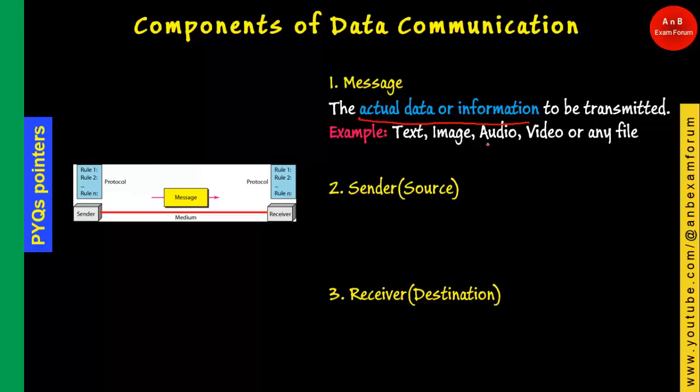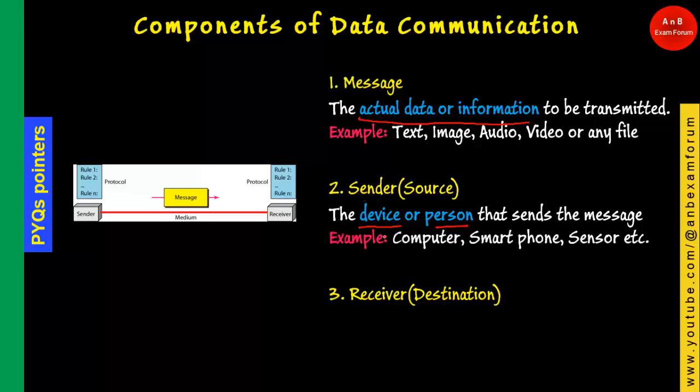Okay, moving on to the next, the sender. It is also known as source, and the sender can be a device or the person that sends the message. Okay, so the person or the device who is going to send the message is known as sender or the source.